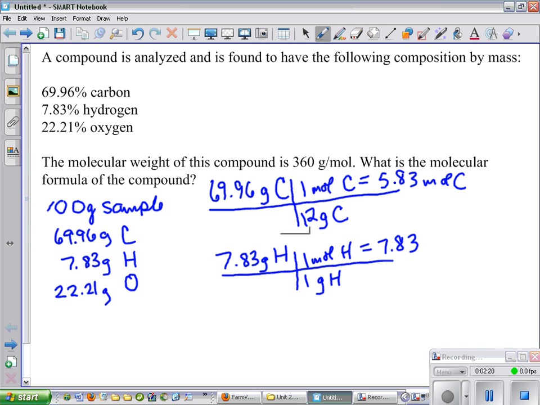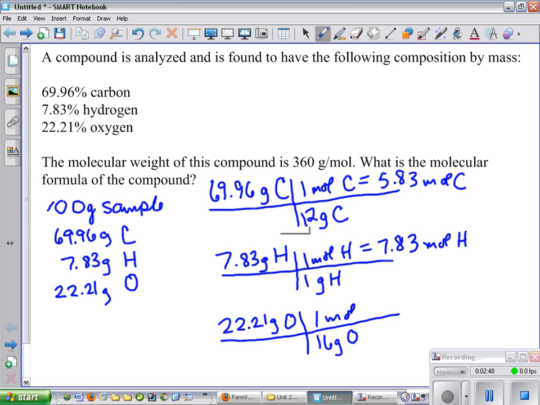Gives us 7.83 moles of hydrogen. Then 22.21 grams of oxygen, and there's 16 grams of oxygen in 1 mole of oxygen. And that gives us 1.39 moles of oxygen.